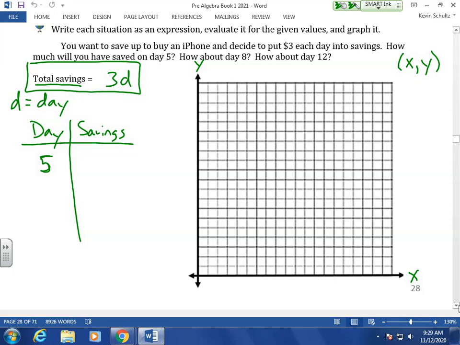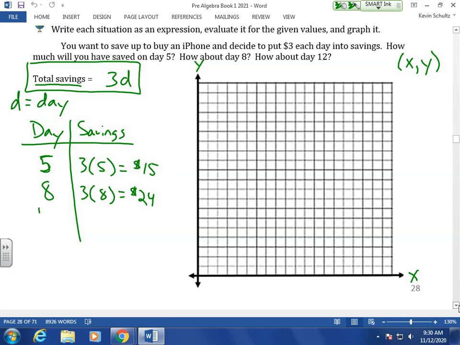On day 5, how much have we saved? 15, right? 3 times 5 equals $15 saved. I also ask you for day 8. On day 8, how much money will you have saved? Connor? 24. We got that by taking 3 times 8, right? Replace 8 with our variable for the 8th day and multiply that by 3.